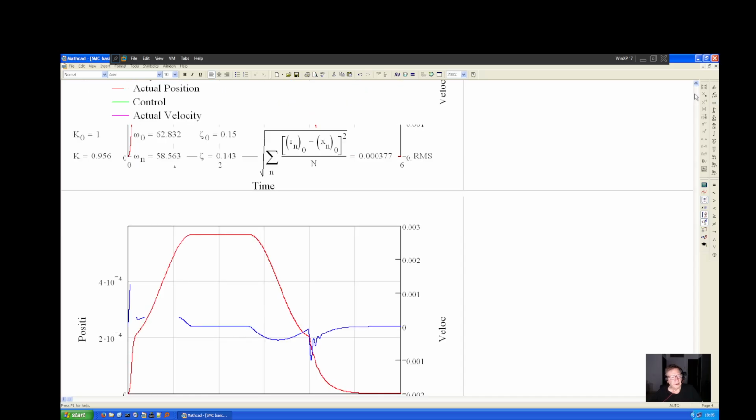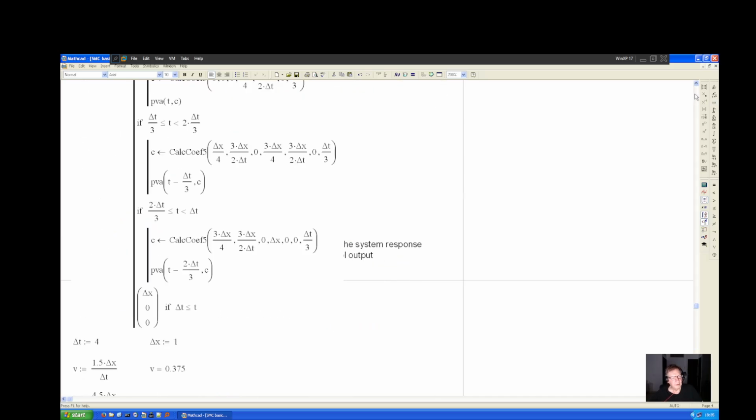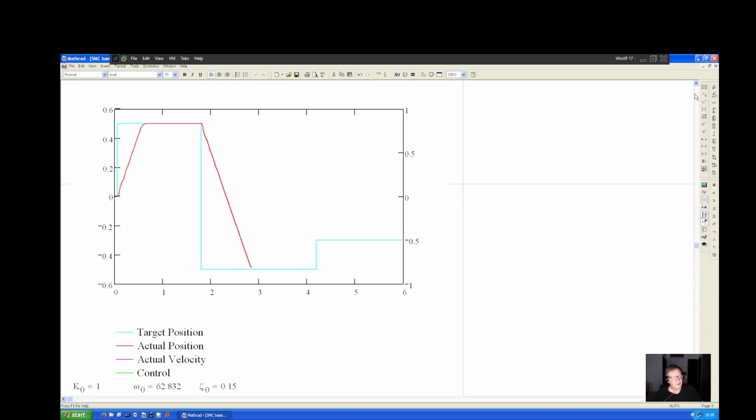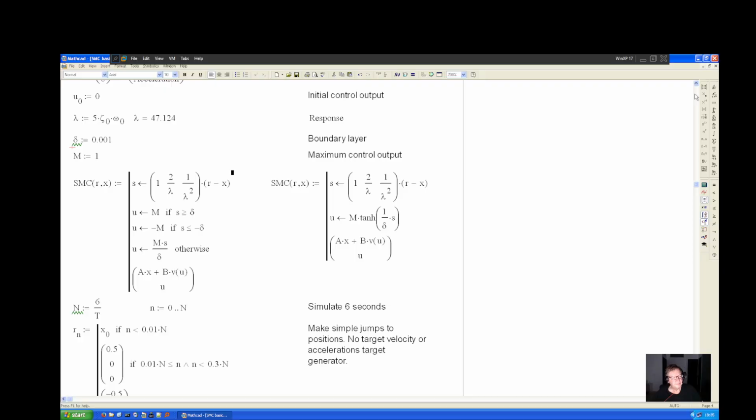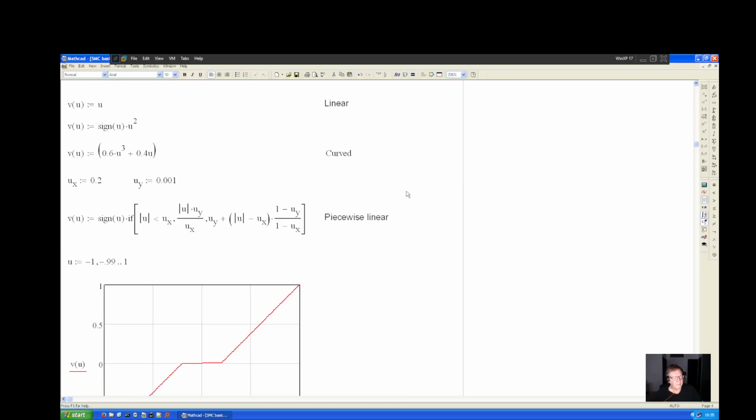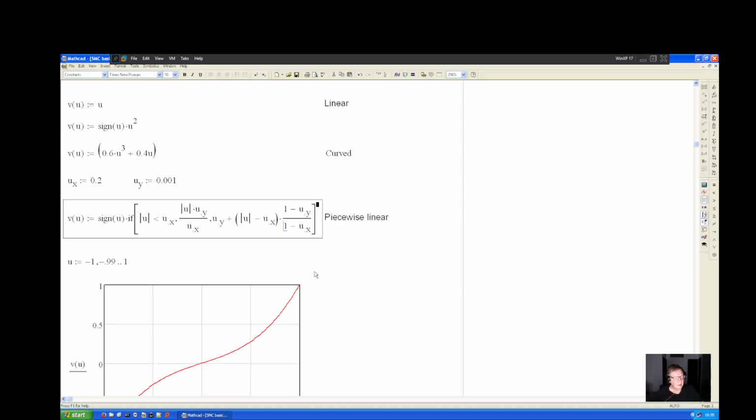So just for playing around, let's try one of these other valves, and let's disable this one. Now this is the cubic curvilinear.